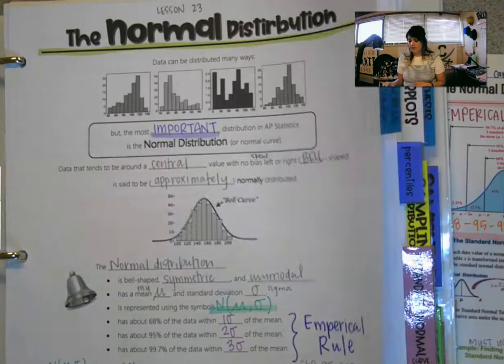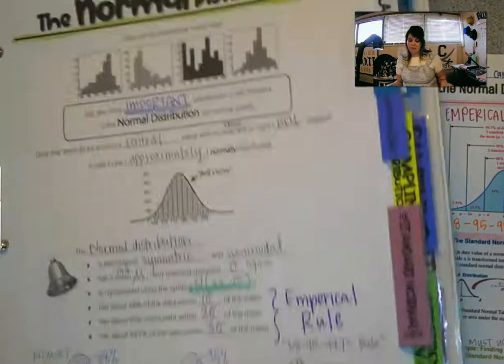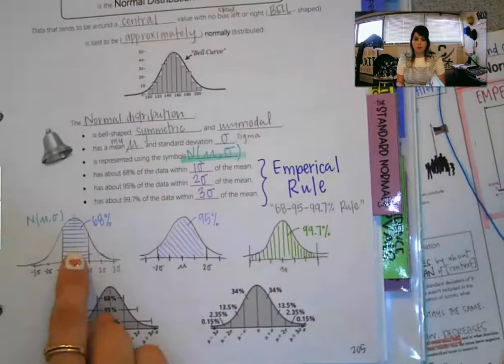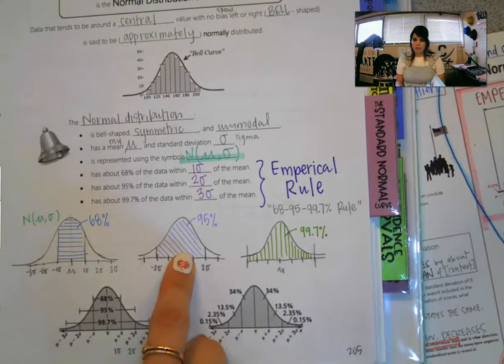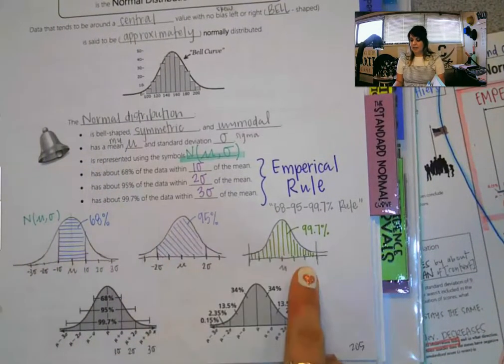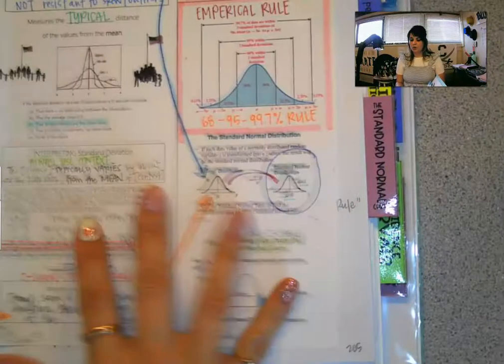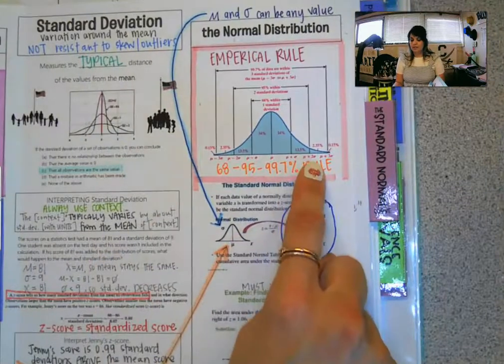And within this is the empirical rule, which says 68% of your data is within 1 standard deviation, 95% is within 2, and 99.7% is within 3. So on your overview, you can see this empirical rule here.